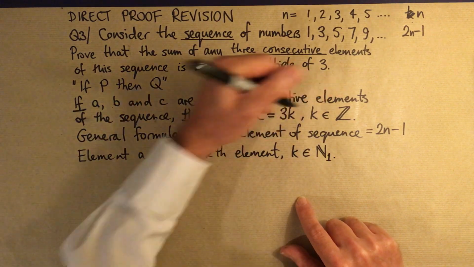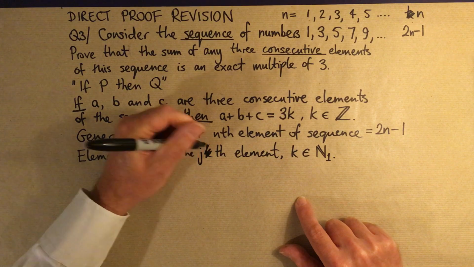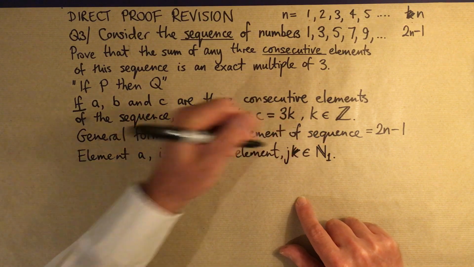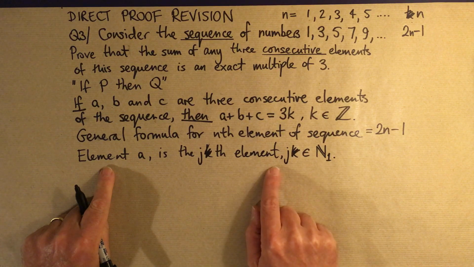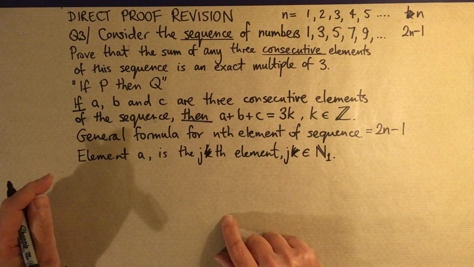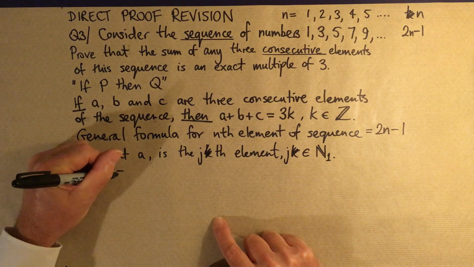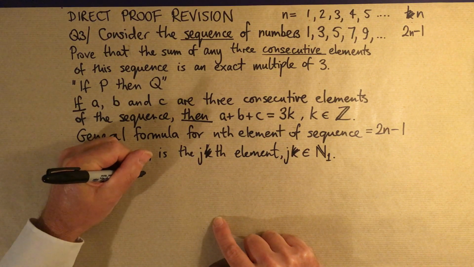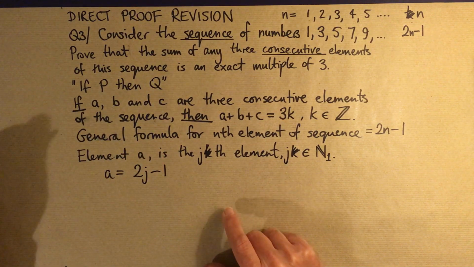And also notice I used k up there, so I'm going to use a different variable. Let's call it j. j is a member of N1. Element A is the jth element. Whatever it is, I'm going to call it the jth. Okay. So A is equal to 2j minus 1 because it's the jth element.